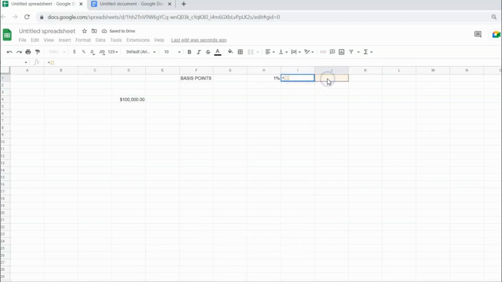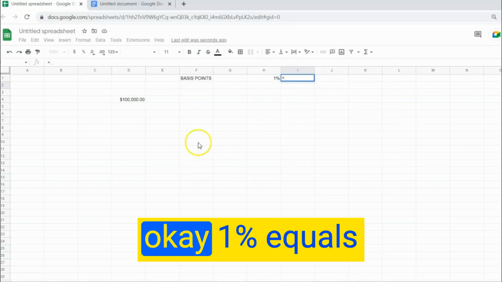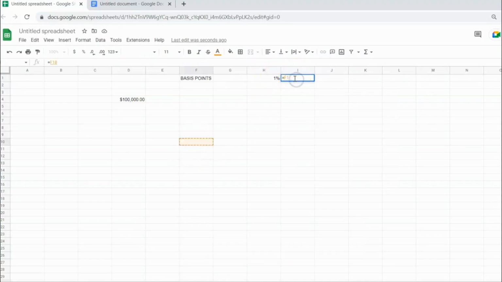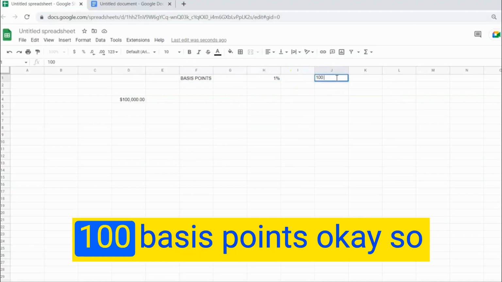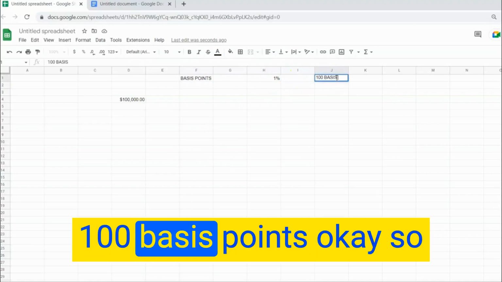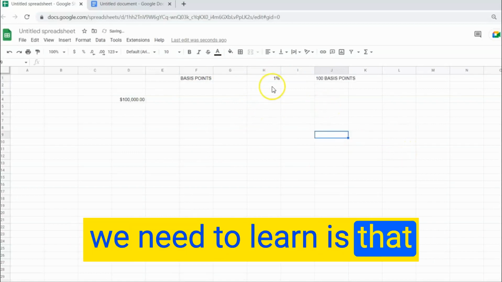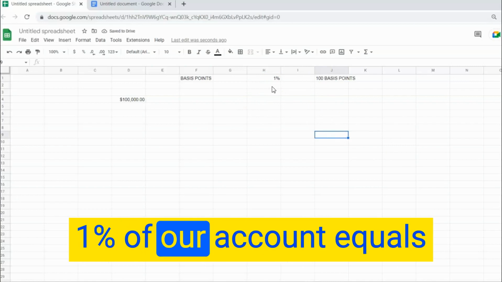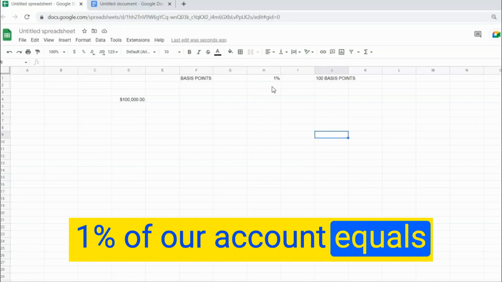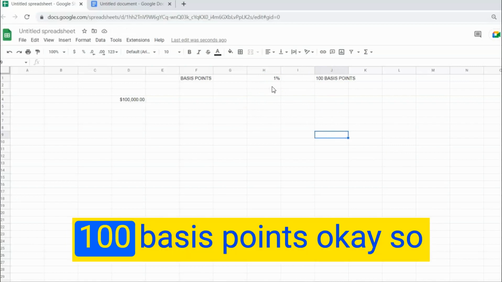equals 100 basis points. Okay, so that's the first thing that we need to learn, is that 1% of our account equals 100 basis points. Okay?